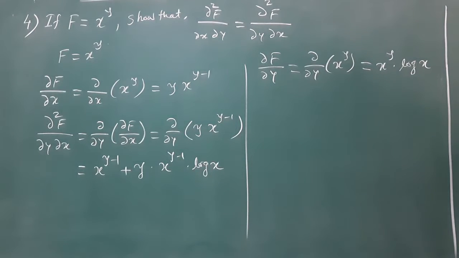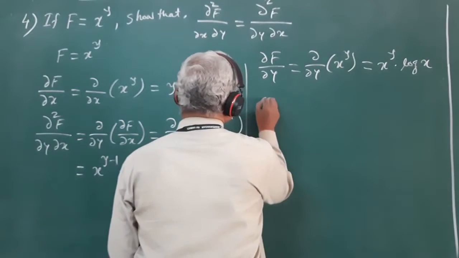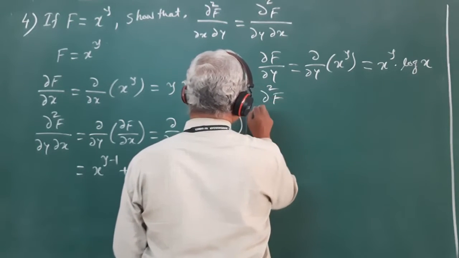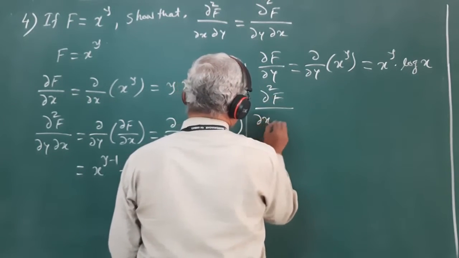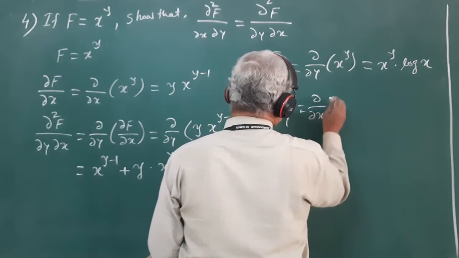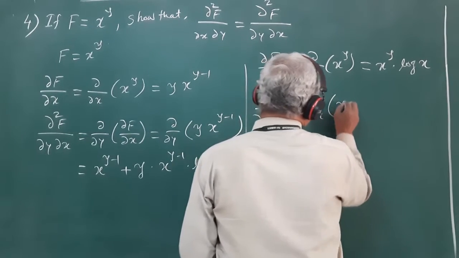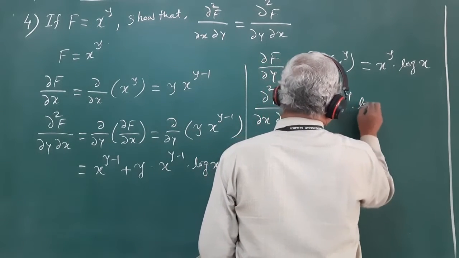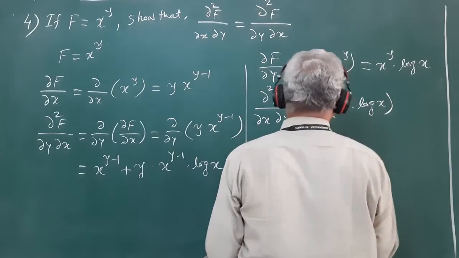So this is ∂f/∂y. Now we can differentiate this ∂f/∂y partially with respect to x, so that we get the expression for ∂²f/∂x∂y, that is ∂/∂x of x raised to y into log of x.